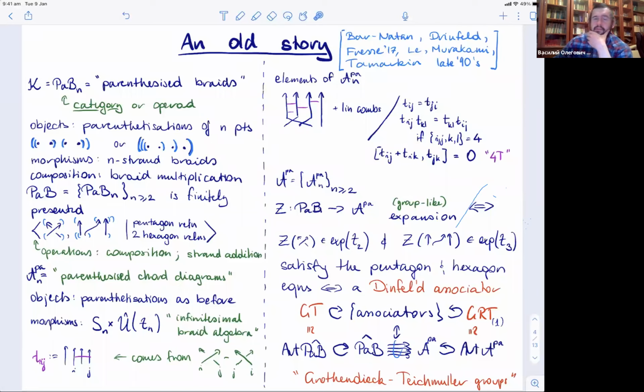And I think from this point of view, gamma should be very much related to just the associator part of the parenthesized braid. So I think there will be an associator part and there will be the braid part. So they both have to do quite a lot with gamma.